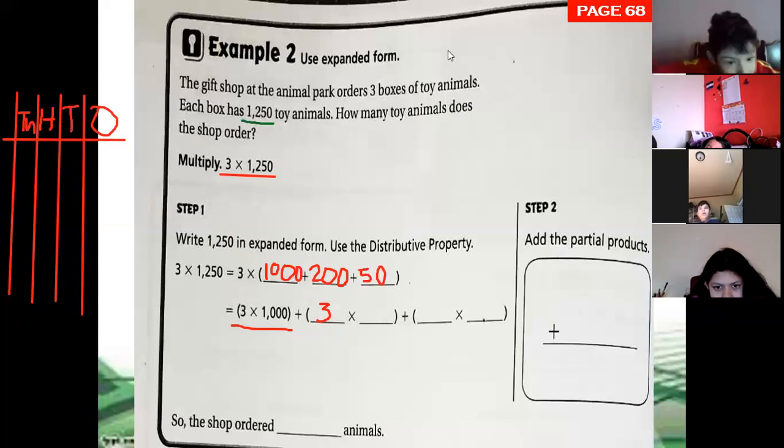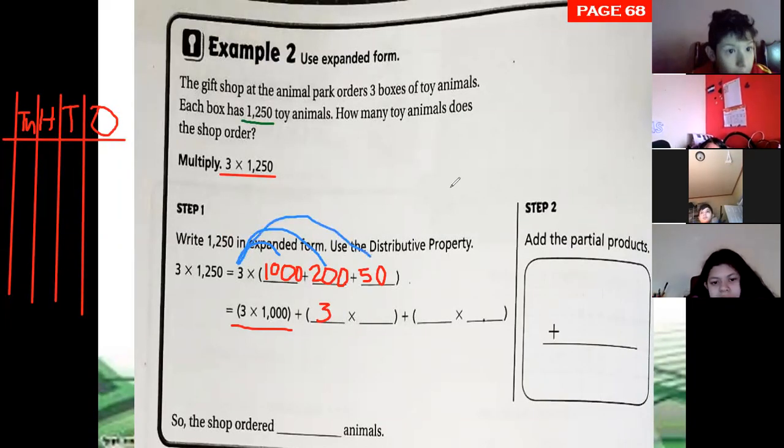Then I have to multiply my factor times the 3 numbers of the expanded form. Each item: 3 times 1,000, 3 times 200, and 3 times 50.